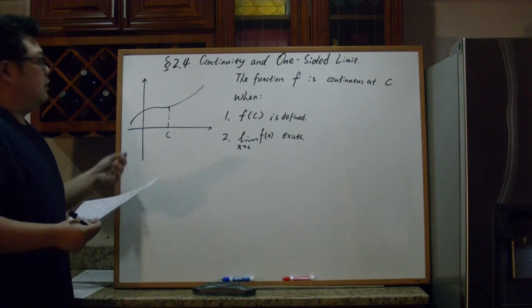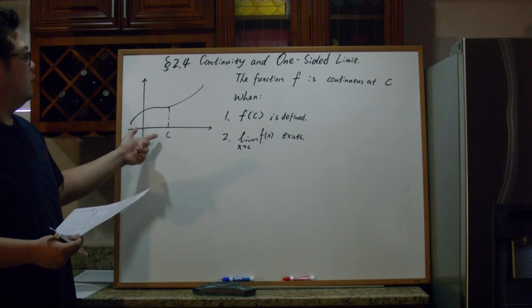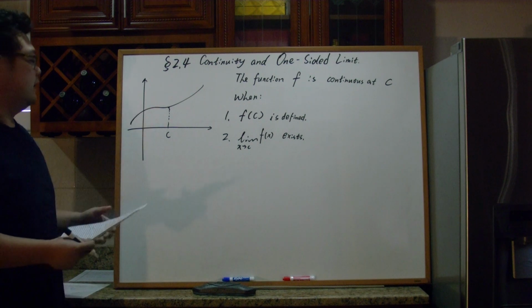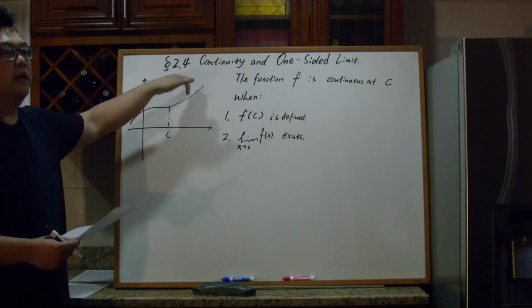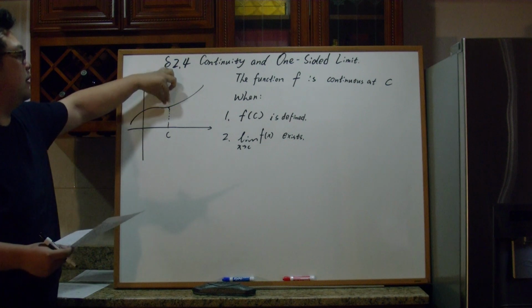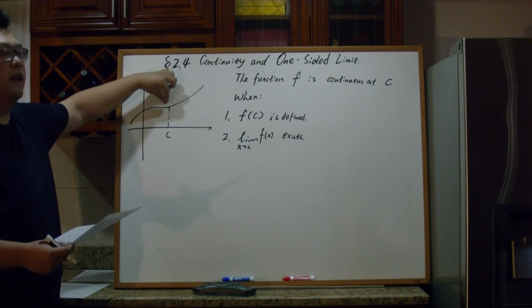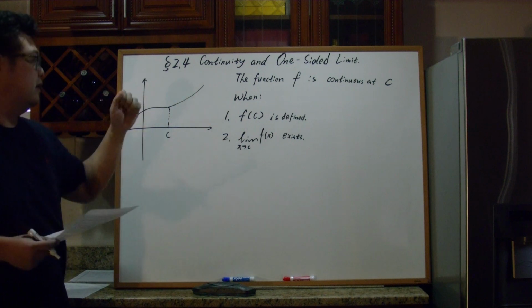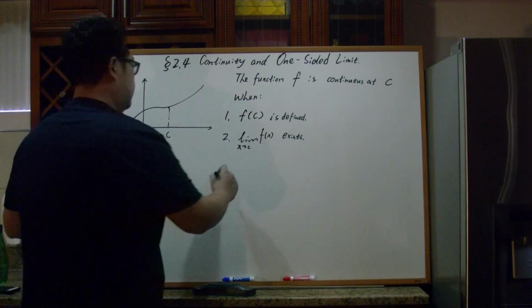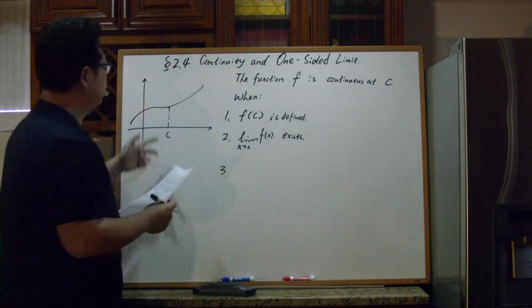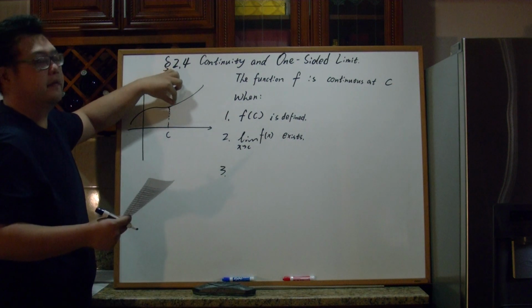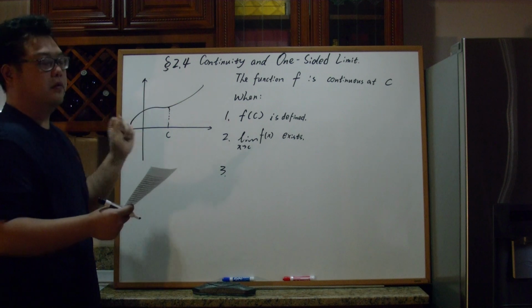The second thing we need to check is that the limit of f of x when x approaches C exists. Which means we look at the left side and the right side, and they meet at the same point. Both one-sided limits exist and meet at the same point; that is called the limit existing. And the last thing is that where the function is defined, the limit of the function at C is supposed to be the same value.